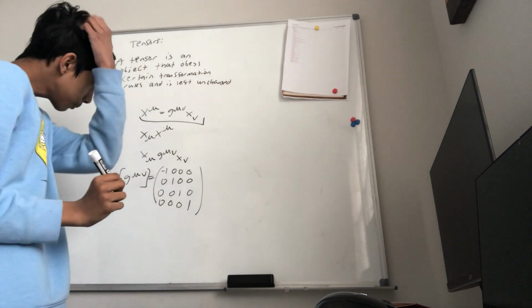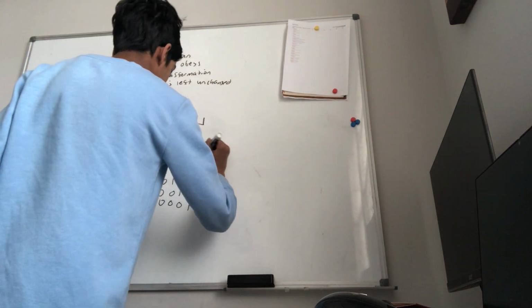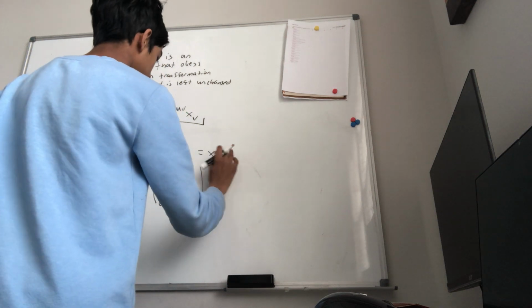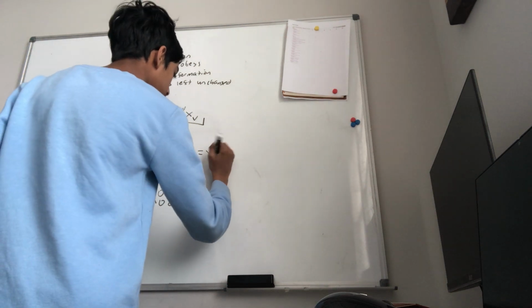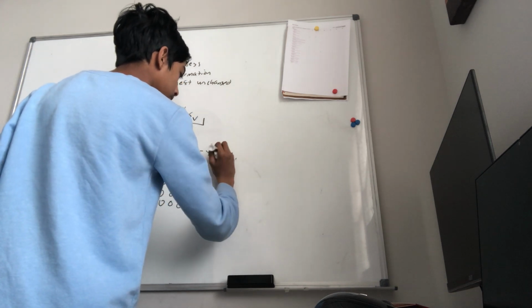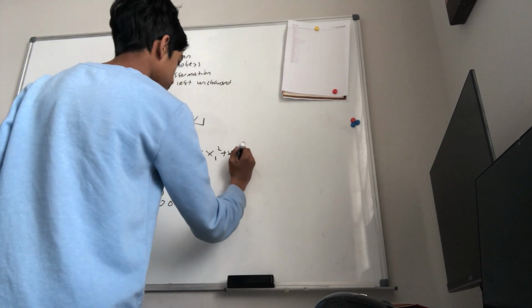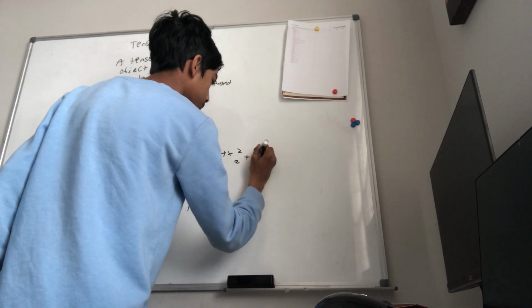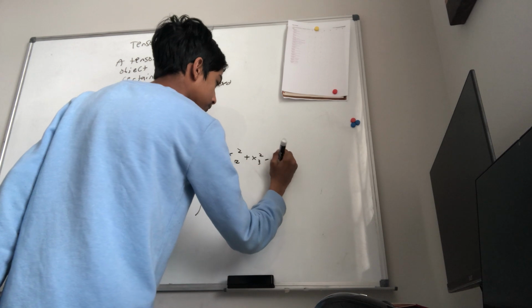So all of the time components, x0, this just leads to x1 squared plus x2 squared plus x3 squared minus x0 squared.